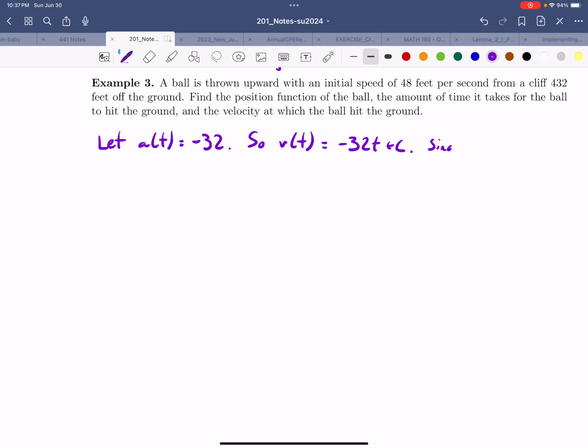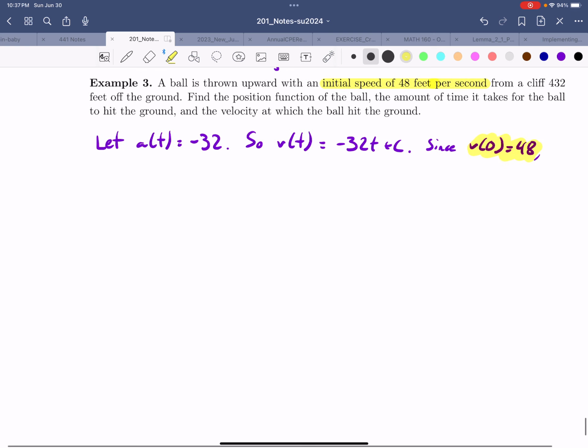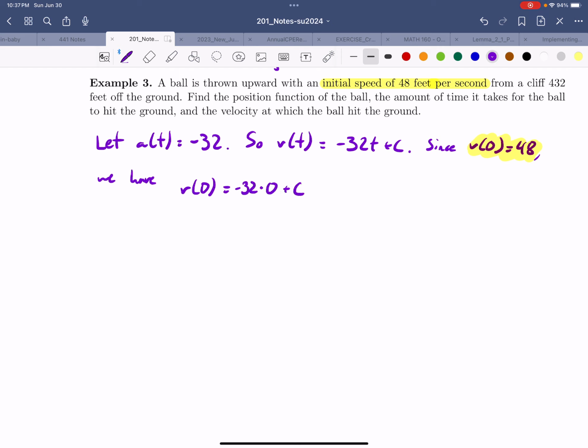We know that since v of 0 equals 48, you see where I'm getting that from? We have v of 0 equals negative 32 times 0 plus c equals 48, and that implies c equals 48.